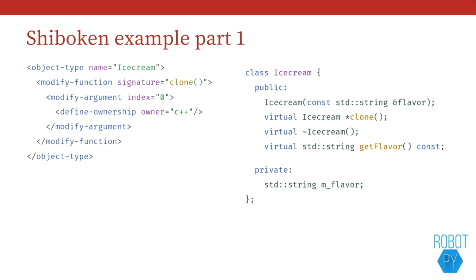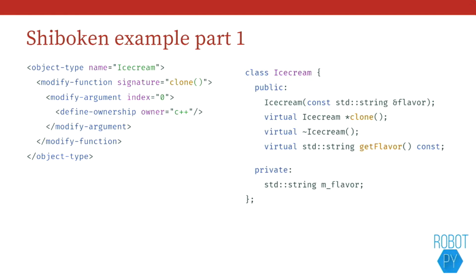By default, all methods are exposed to Python. Here we say that we want some special handling for this clone method. Particularly, we modify what it calls argument index 0. That's the return value of that method.